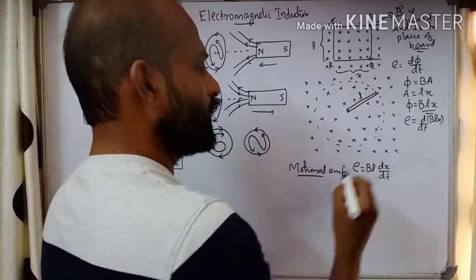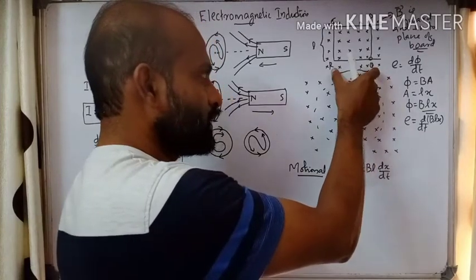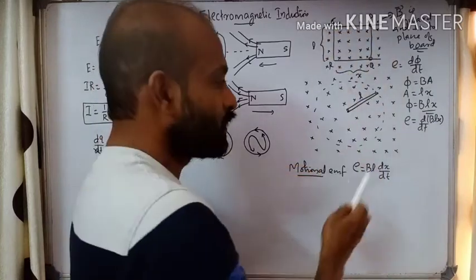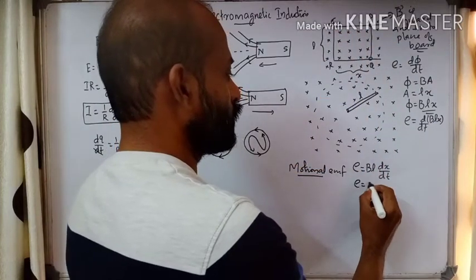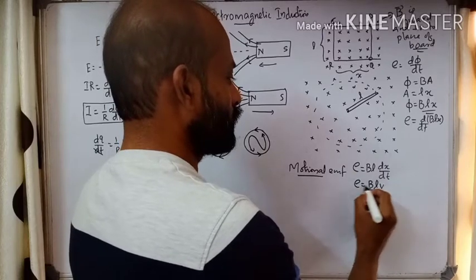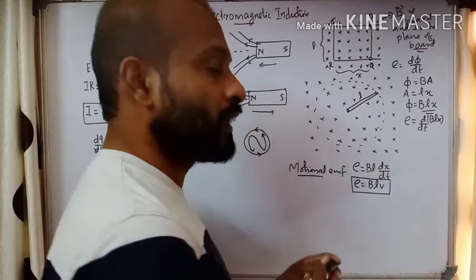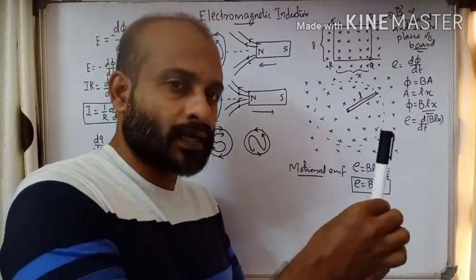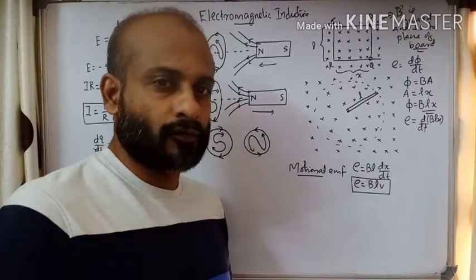What does dx by dt indicate? dx by dt is the change in position, the change in this distance with respect to time. This corresponds to the velocity of the movement of the conductor. So we can write E equals B L v. This is the equation for the EMF induced in a straight conductor when it moves in a magnetic field such that the conductor cuts the magnetic flux. This is the induced EMF.